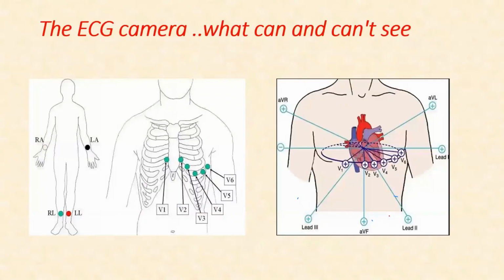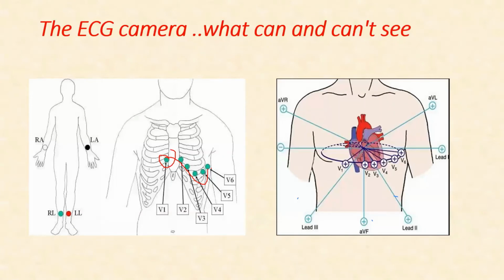Okay. Good. Now remind you that the 12 lead ECG, especially the chest leads, are from V1 to V6. V1 is the closest to what? To the RV, right? It's the closest to the RV. But these leads actually pick up the electrical activity from the LV more than from the RV, because the RV is a bit outside this ECG camera.